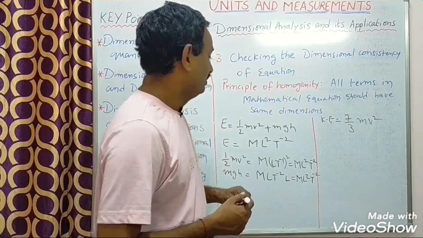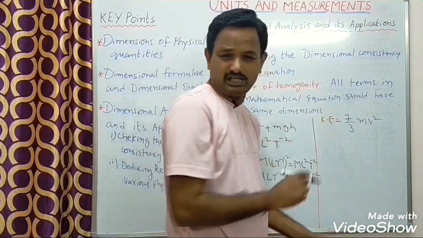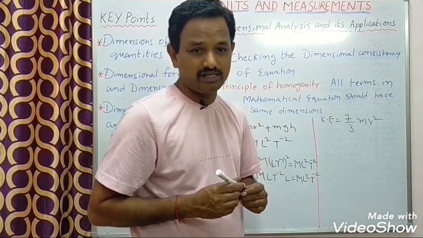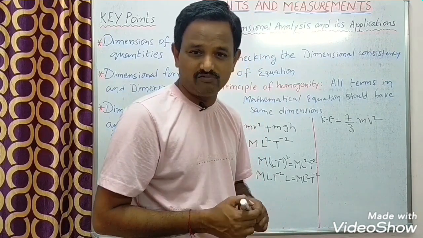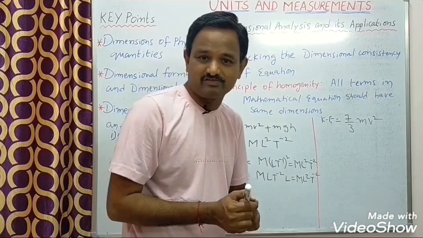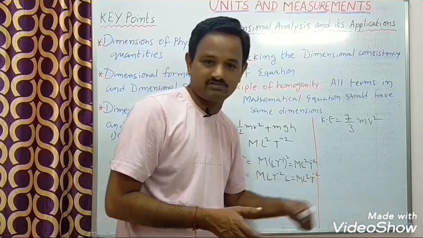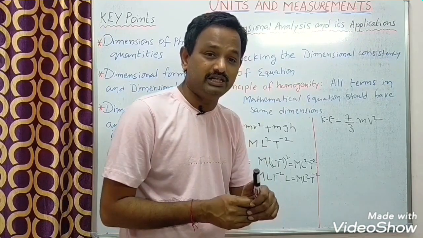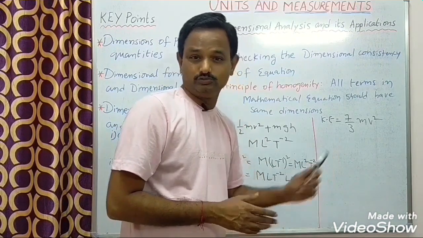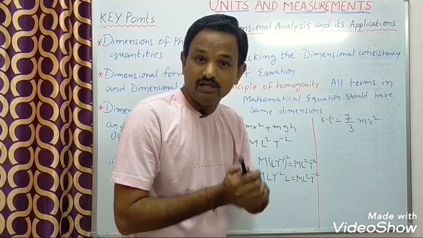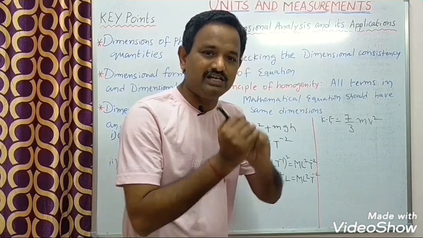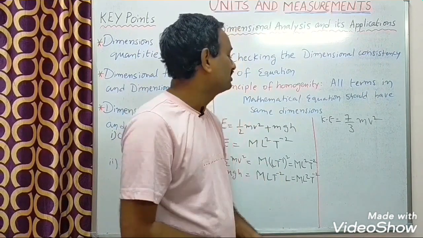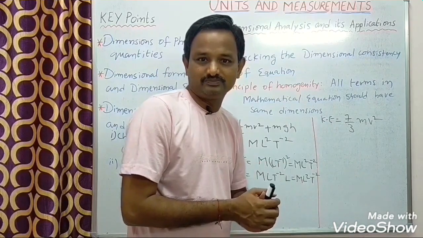Okay. So here it is a false equation. You know that. Why? What is the equation for kinetic energy? That is 1/2 mv^2. But I took 7/3 mv^2. But here, according to the principle of homogeneity, it is true. But it is not a consistent equation. Why? Because it is a false equation.